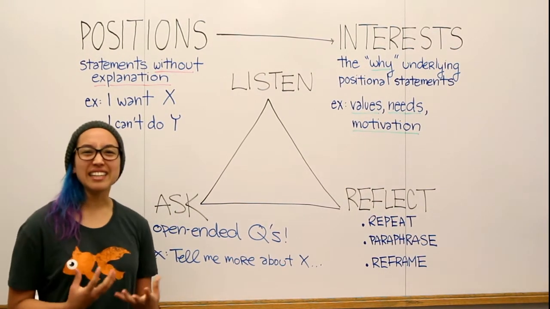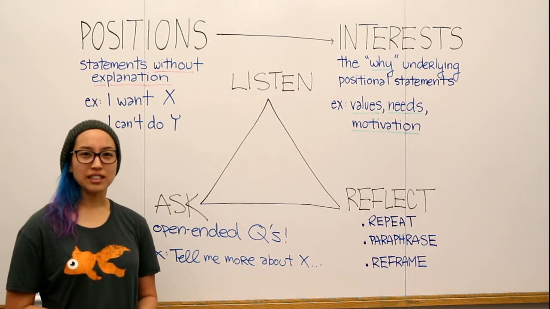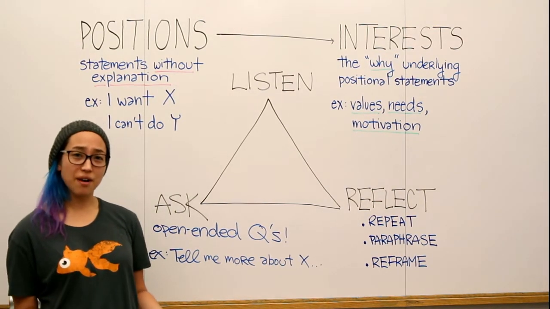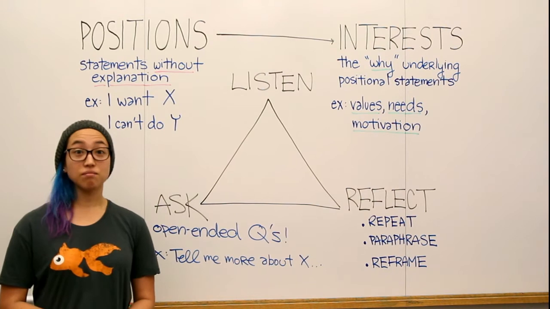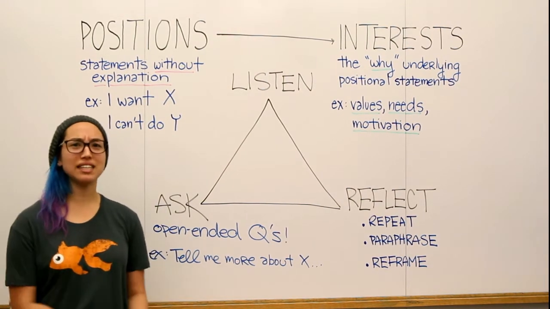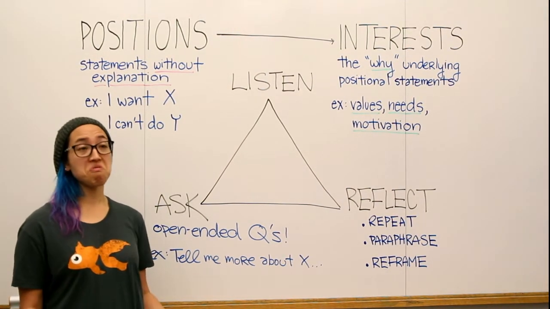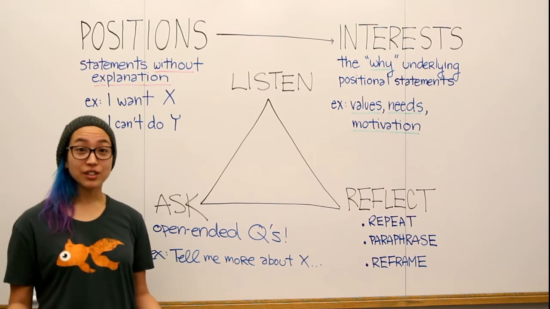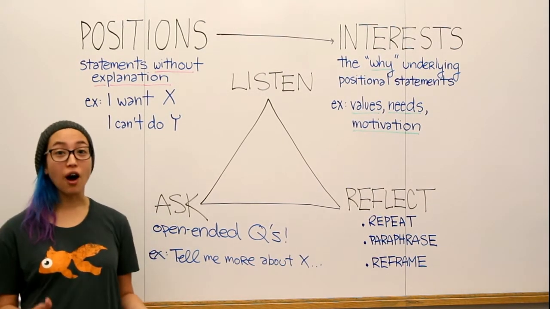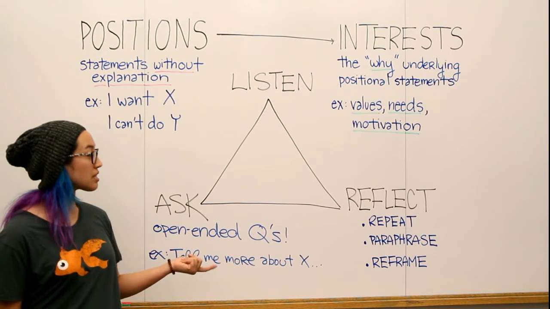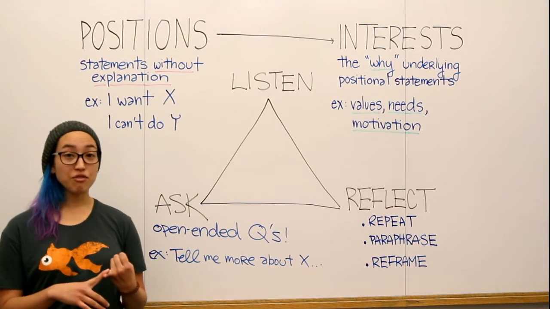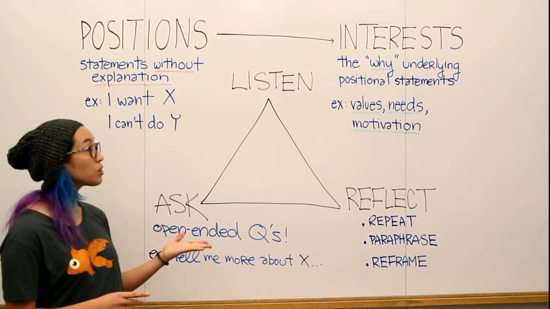It sounds like cleanliness is important to you, that's a main interest of yours. Is that right? And they might say, yeah, that's totally right. Awesome. They might say, no, actually not. Fine. What is? You're gathering more information. It's fine if you're wrong, and there's no right way to do this. The point is, again, to make them feel heard and to try to figure out what's their deal.